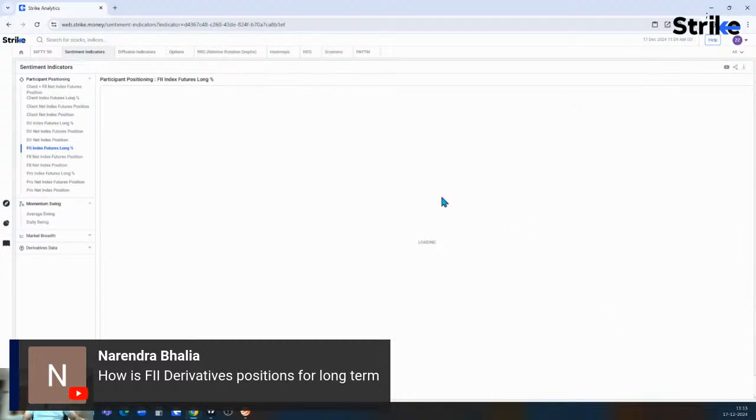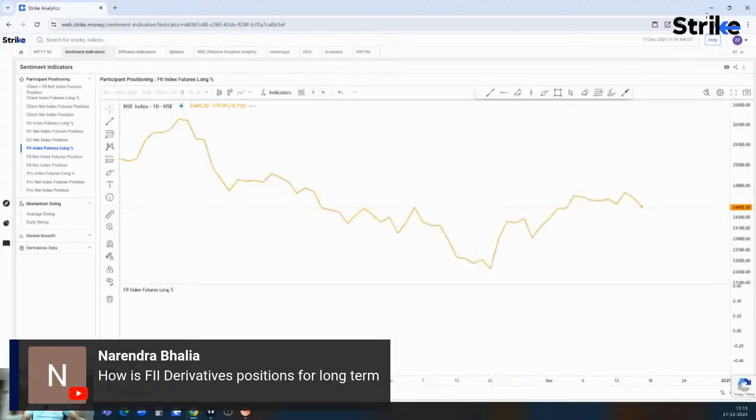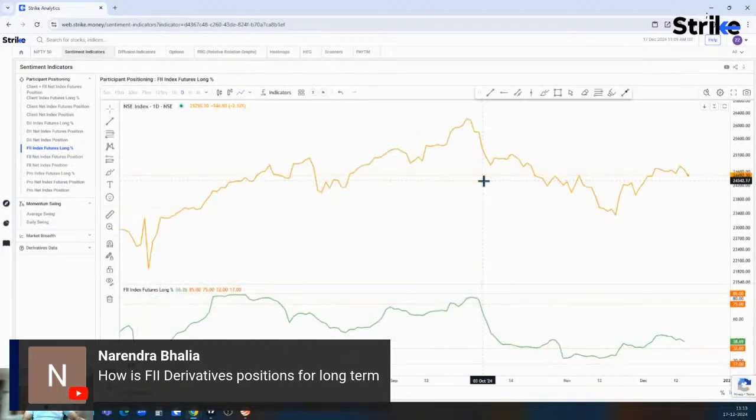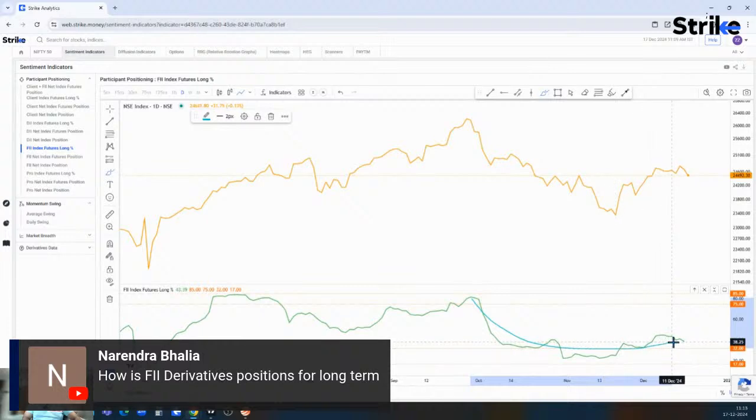There was a series of sell off in the FII activity. Now we can see that the series of sell was over here, and from here it has slowly picked up, but again started sloping downwards.